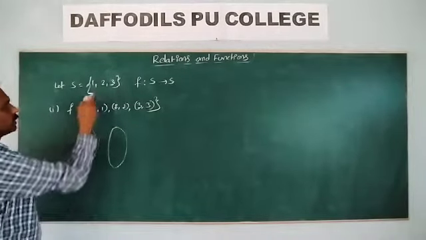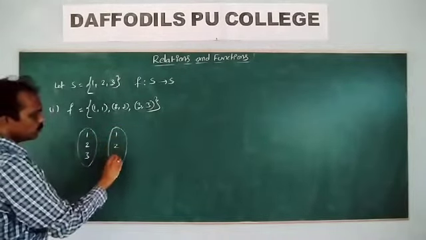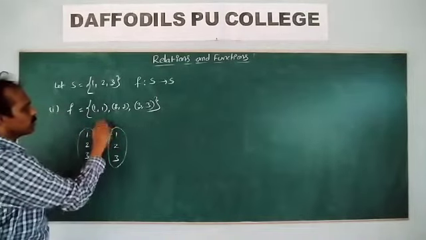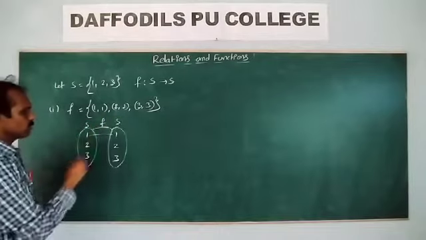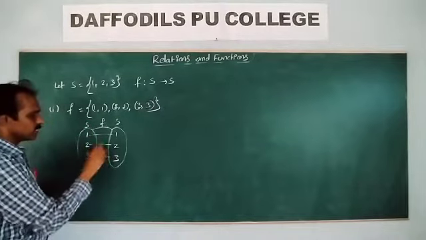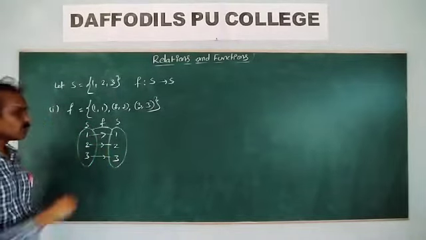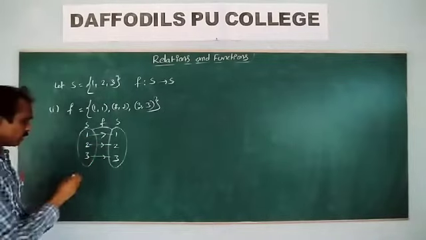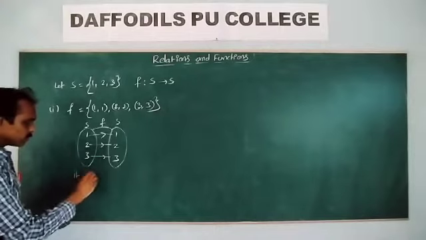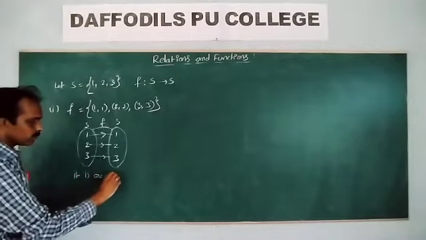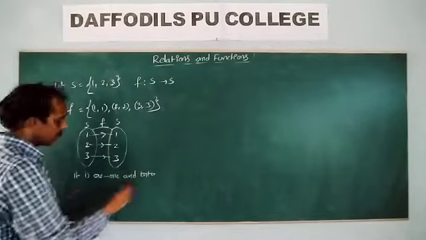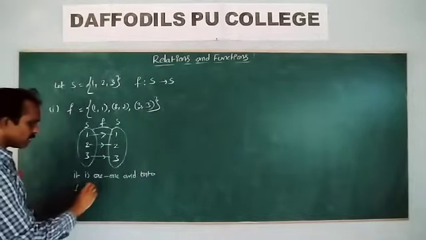1 2 3 as well. Under the function from S to S, 1 goes to 1, 2 goes to 2, 3 goes to 3. Is it one-one or not? Okay, it is one-one, and onto. Therefore, F is a bijection.